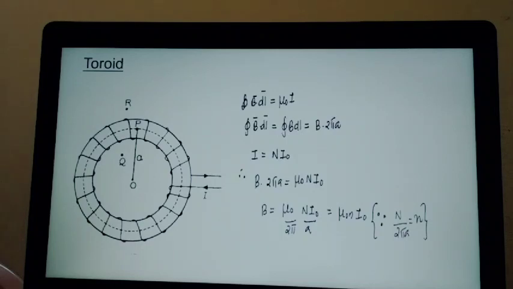And when you consider the axial Amperian loop, the dotted line is the Amperian loop, that includes the total circumference 2 pi a. So B into 2 pi a is equal to mu 0 into N I0, because that Amperian loop encloses all the turns within the toroid since it is through the axis. So the total current I will be N into I0.